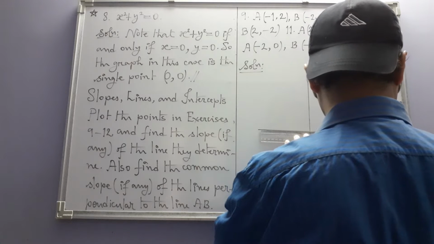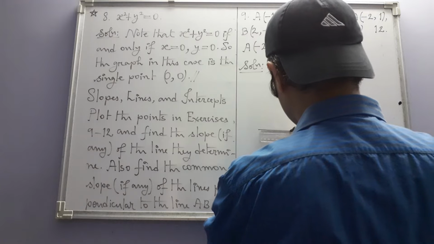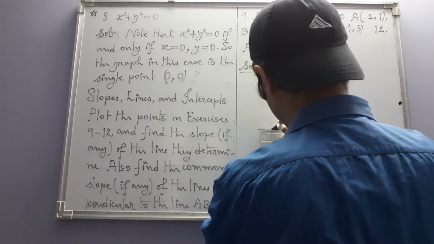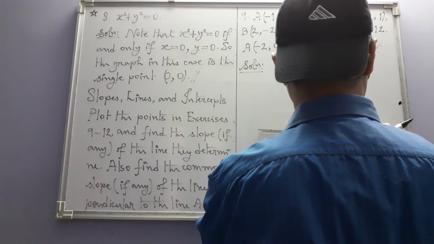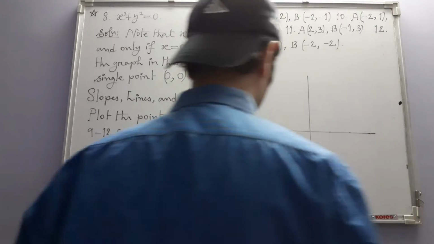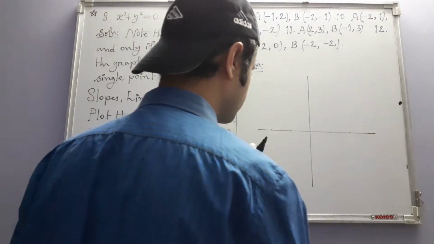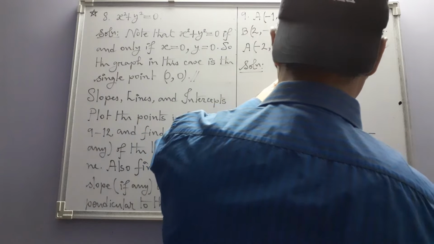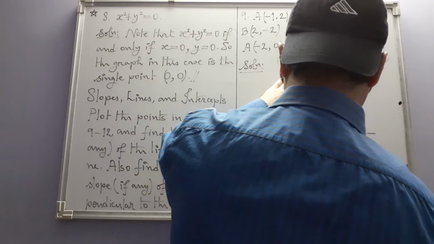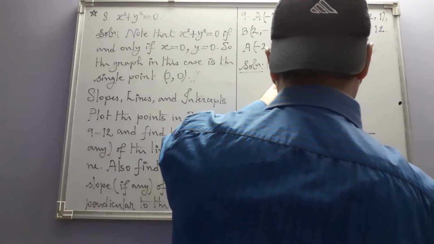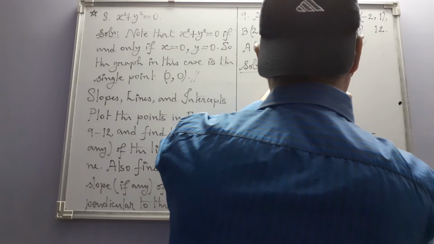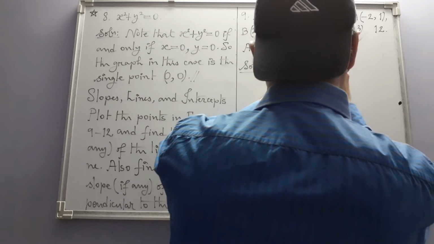One, two, three, -1, -2. Since the coordinates have not gone below -2, this much is enough. And then 1, 2, 3.